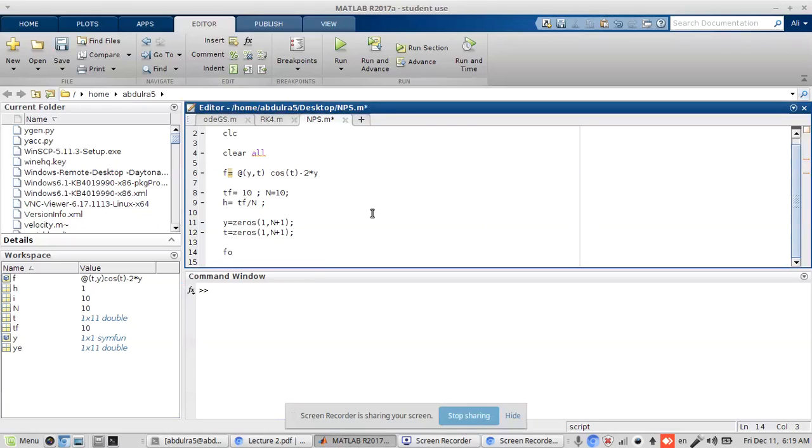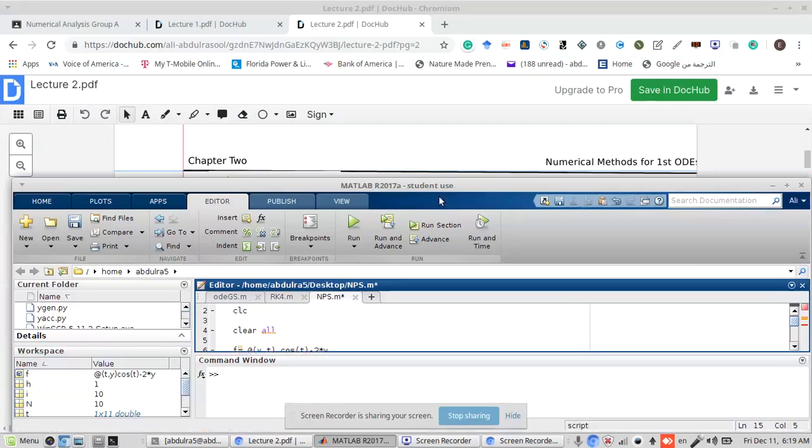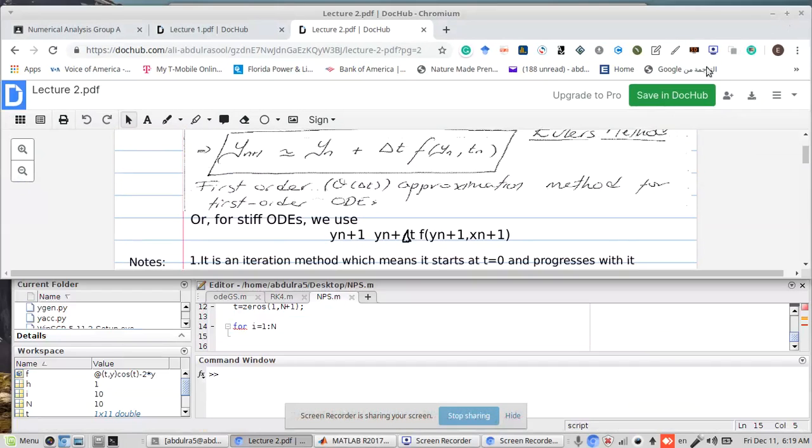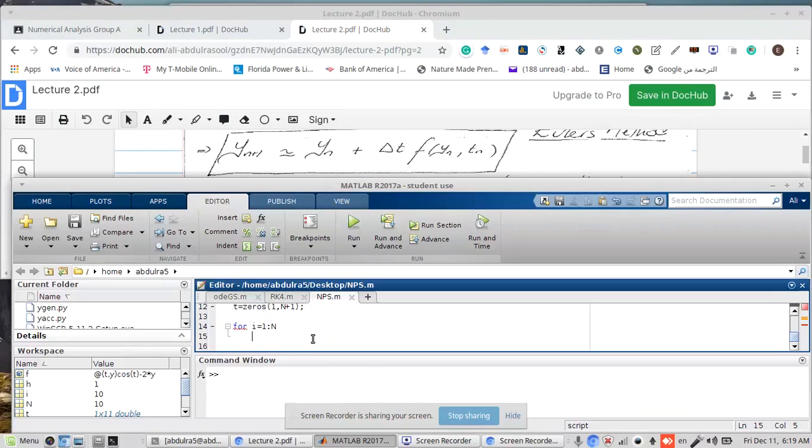So in Matlab, I will write for i equals 1 to n. y(i+1) equals y(i), since we have iteration, plus, instead of delta t, let's write h, and here we have the function f.